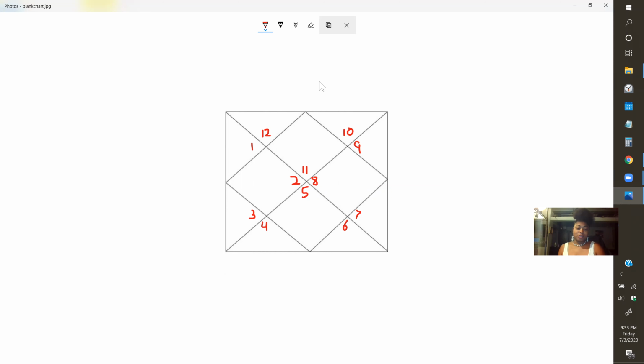In traditional Vedic charts, you don't see the abbreviation for the sign, you just see the number. So understand again from the other video that this 11 means Aquarius, this 12 means Pisces, 1 is Aries, and so on, okay?